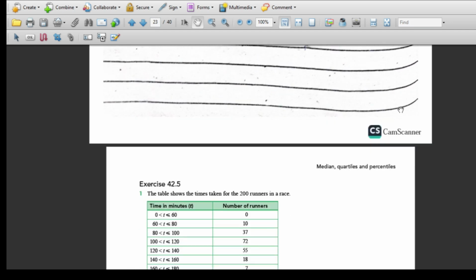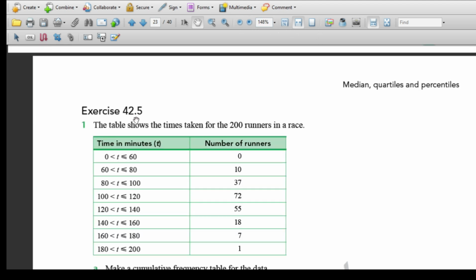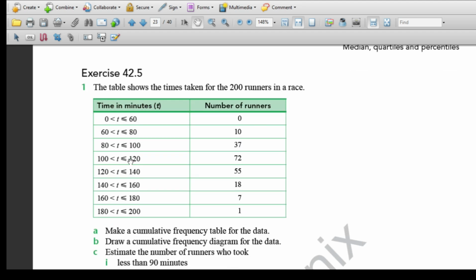So we will discuss this in exercise 42.5. Here the table shows the time taken for 200 runners in a race: 0 to 60, 0; 60 to 80, 10; 80 to 100, 37; and 180 to 200 is 1.